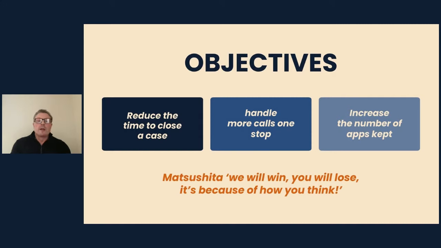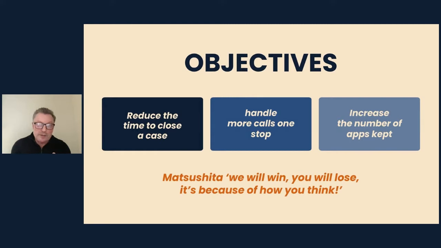So let's get into, as a result of studying the system, the leaders who were very, very good in this organization came up with 3 objectives based on knowledge, not based on arbitrary intent. Number 1, if a case has to be raised, let's reduce the time to close that particular case, because not everything could, in the design of the new system, be handled one stop.